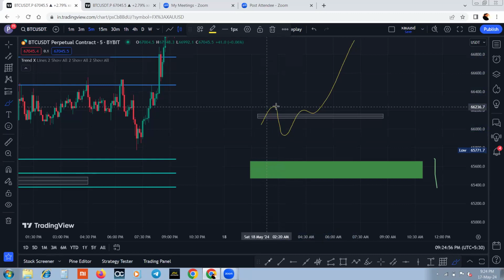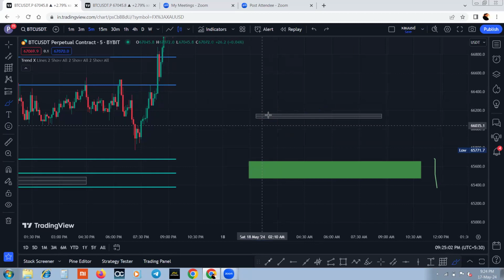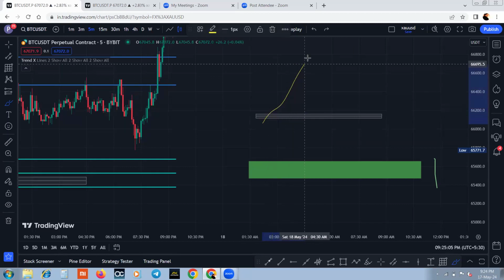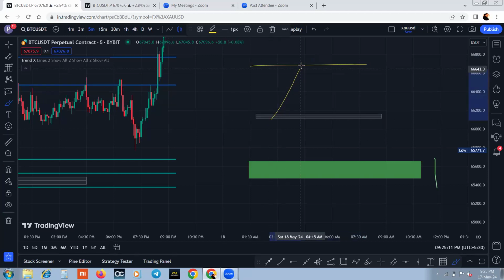That high, we don't know whether it will make a high or not. Sometimes the market will start going in this way. So when it reaches near R1, you have to close some positions. The market can travel in this way.